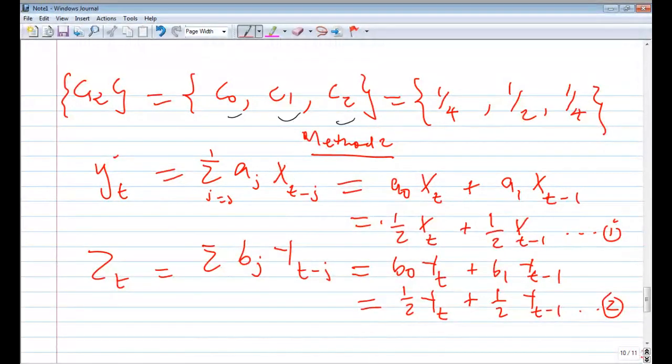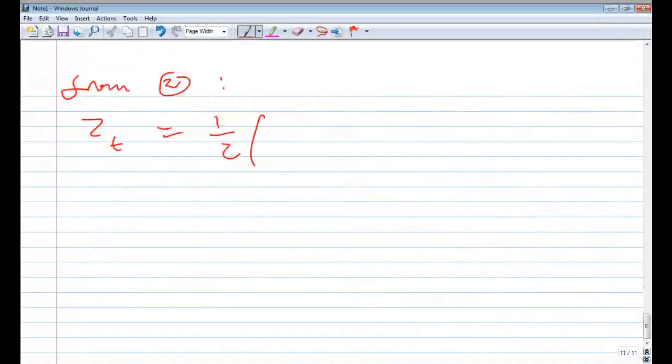So half xt plus half xt minus 1, if I'm not mistaken.